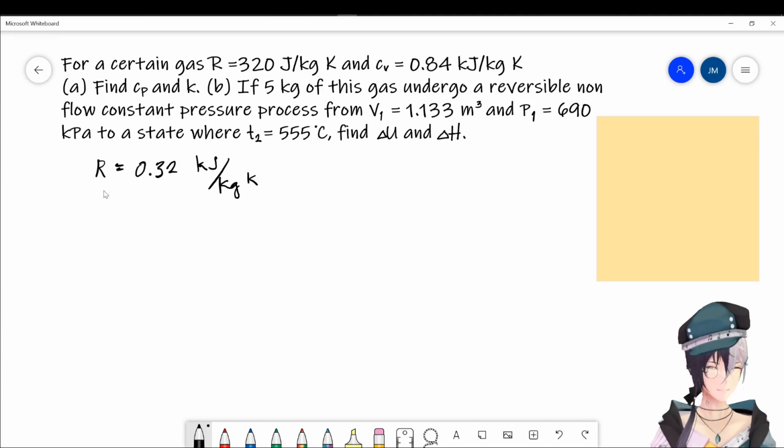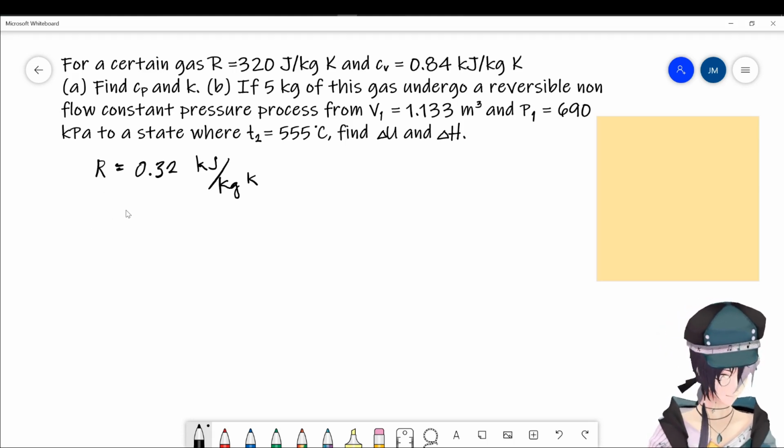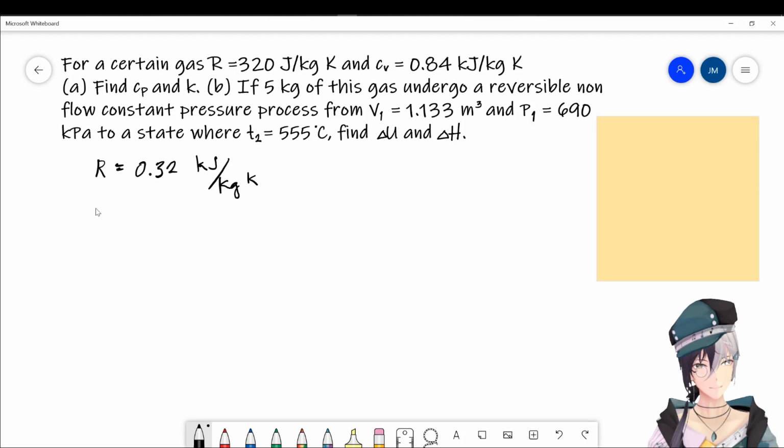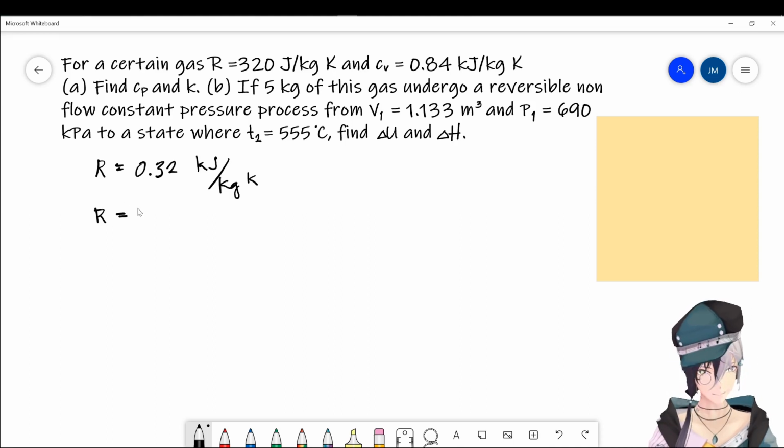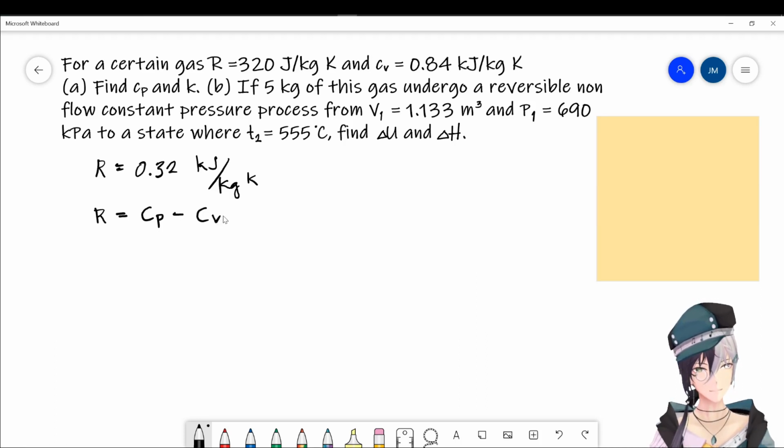So that is R. So we know from the relationship that R is the difference between the specific heat at constant pressure and constant volume. So we are looking for this term.